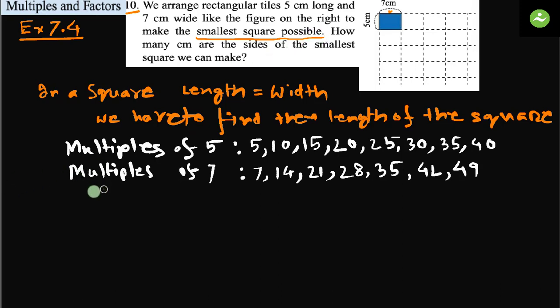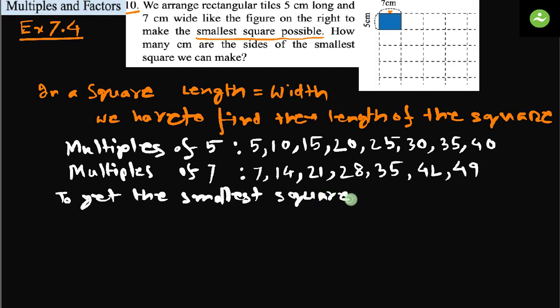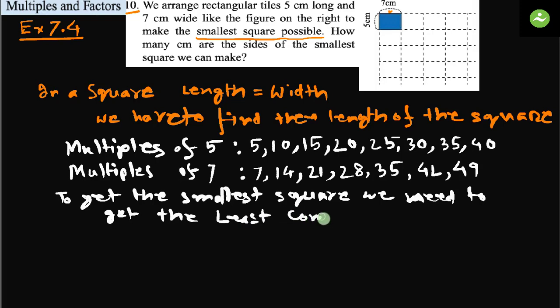That means to get the smallest square, we need to get the least common multiple.